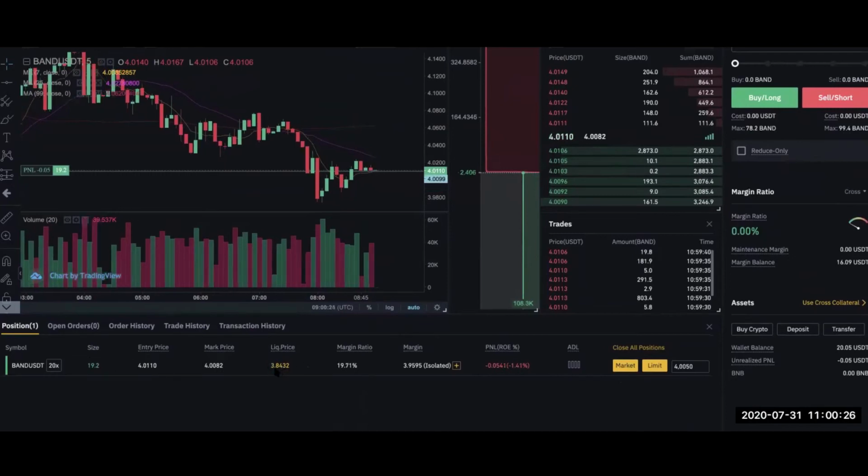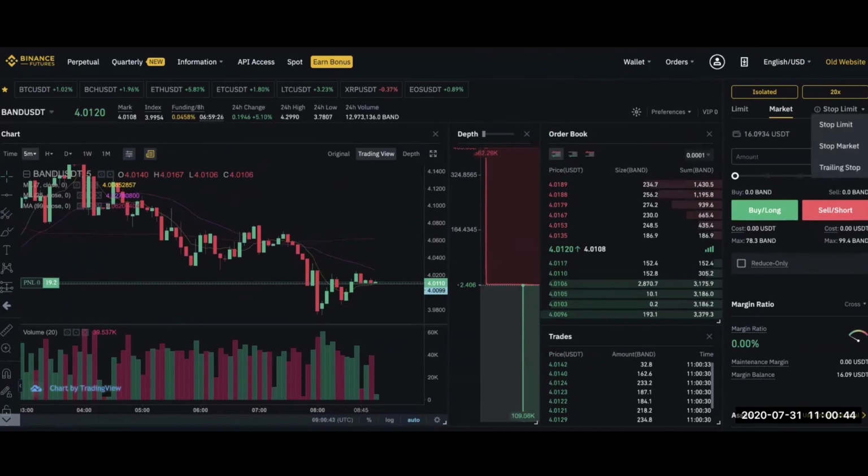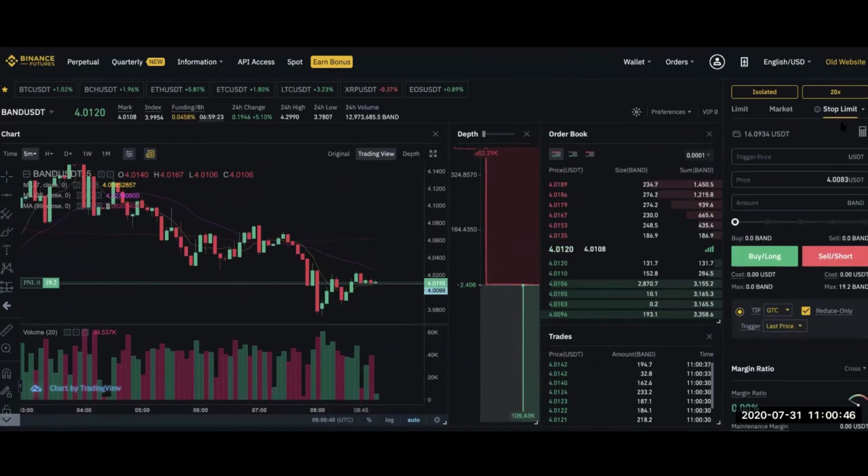So we can see that if we go to $3.84, it will take us out of the trade. Stop limit. So stop limit we will apply when it reaches $4.05.